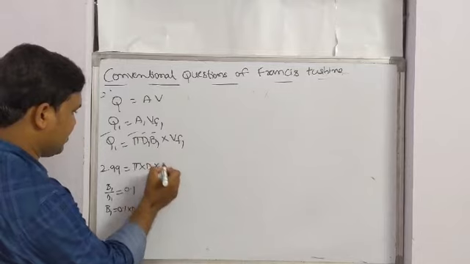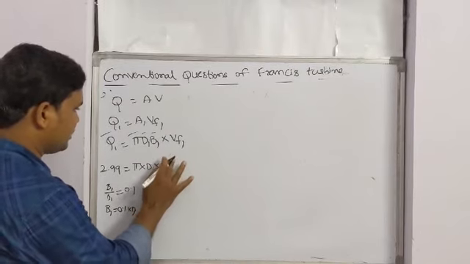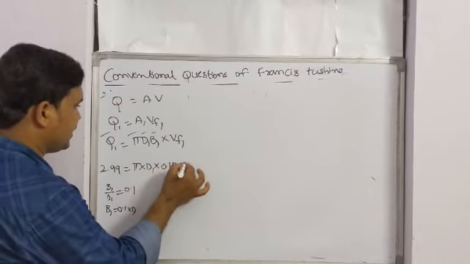Substituting here, b1 is 0.1 d1 into Vf1.